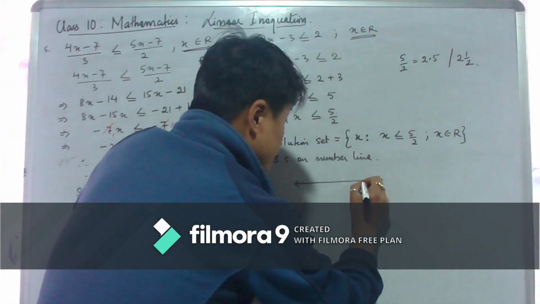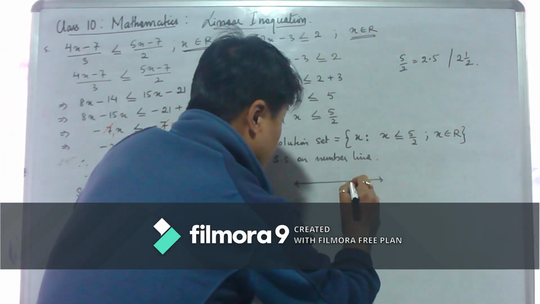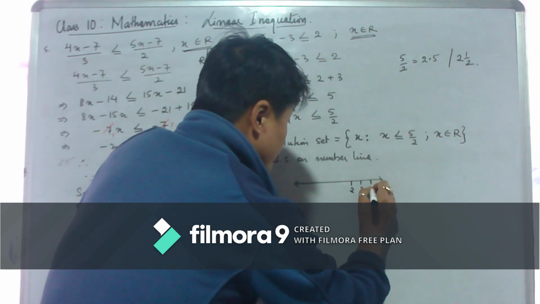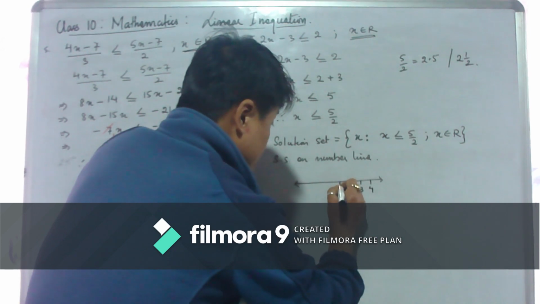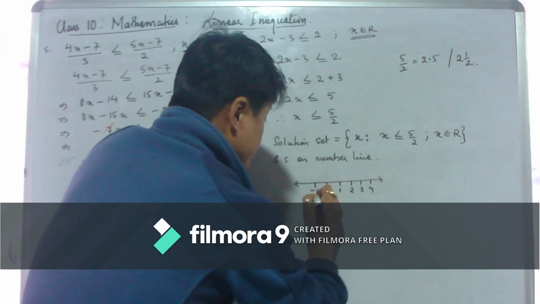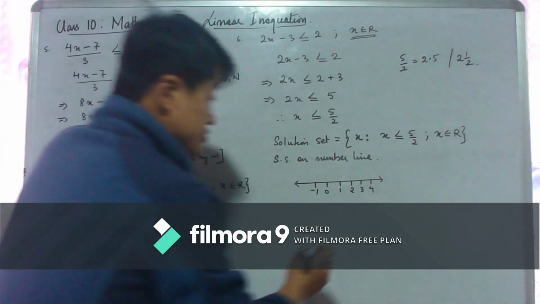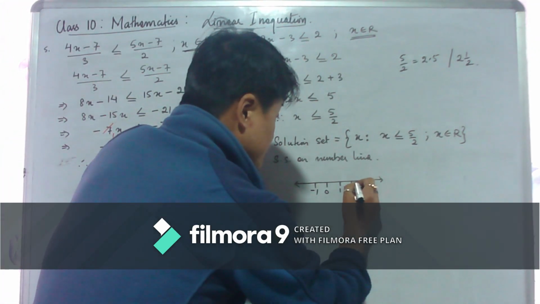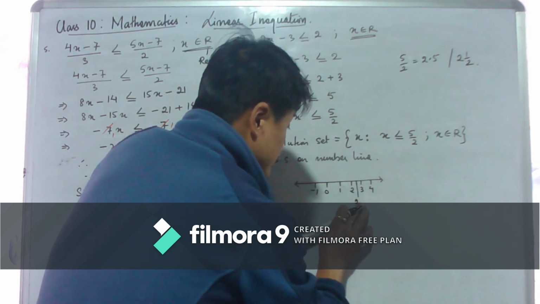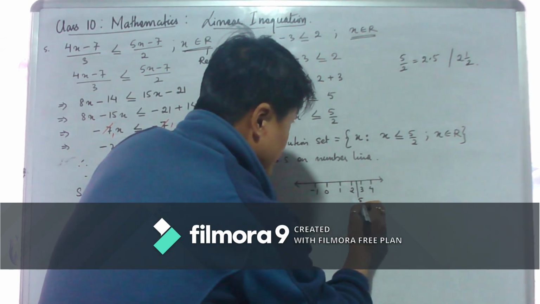So we'll write here 2, 3, 4. Okay, this is here 1, 0, -1, and so on. So here the number 2.5 lies somewhere here. This number is 0.5, that is 5 by 2.